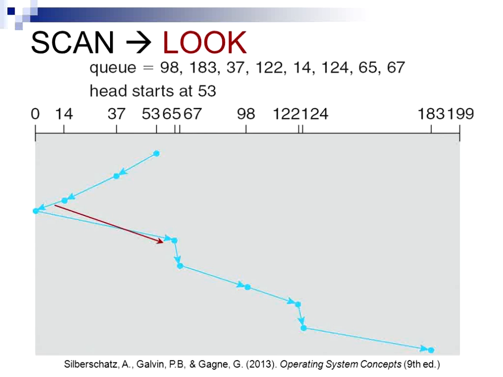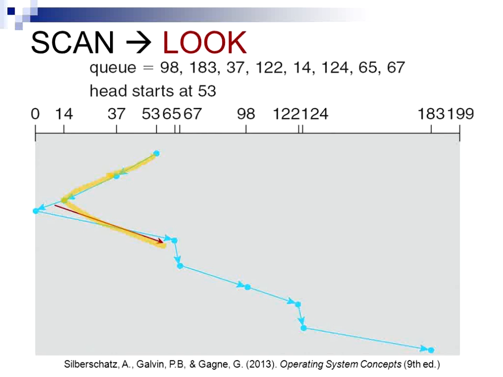Okay. So the next algorithm that it talks about in your book is look, but it doesn't actually give you a chart for look. So I kind of created one saying, here's what's going to happen with the look algorithm. The look algorithm is like the scan algorithm, so it starts going in the direction that the disk head is already moving, but it doesn't go all the way out to the end.